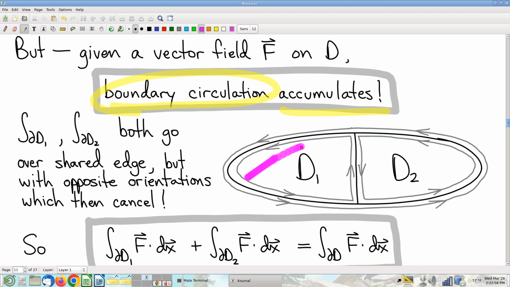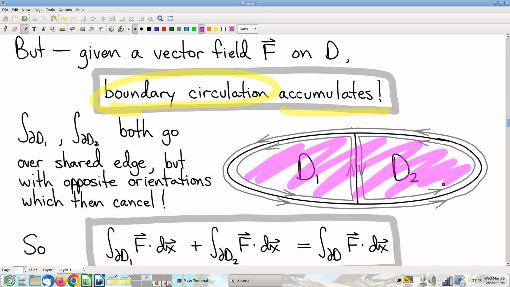We're making arguments about chopping up the area. So we need to think of boundary circulation as a feature of the area, not as a feature of the perimeter. So along those same lines, I encourage you to think of it as happening on the area. Even though it actually is computed on the perimeter, think of it as happening in the area.